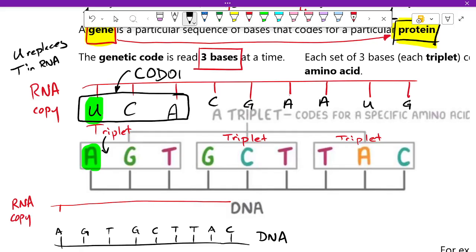Not condom, codon. This is not the sex ed portion of the course. Okay, this is codon. Yeah. So three-letter code is called the codon.